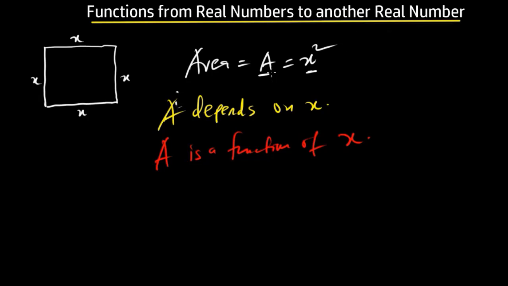So again, here we have area equal to x squared, and A depends on x. So we can say that A is a function of x.